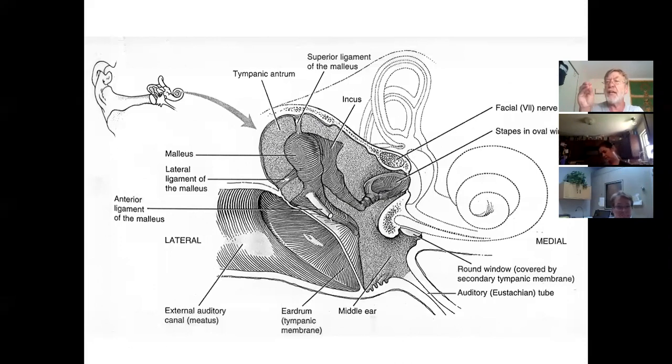And you'll get a vacuum in the middle ear space, and the eardrum will become sucked inward. Sometimes so much so that the eardrum here will touch the promontory bone. At any rate, the Eustachian tube, the purpose of the Eustachian tube is to allow new air to get into the middle ear space.